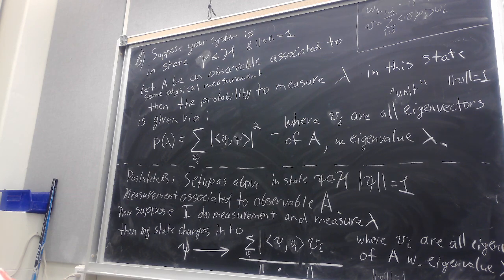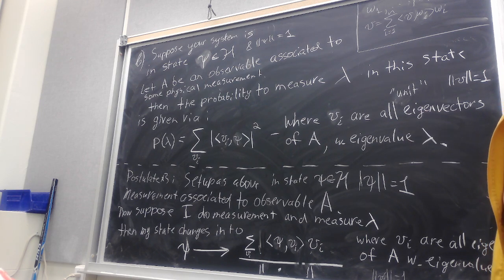So in fact, if my state psi was some linear combination of v1 up to vn, then the probability to measure eigenvalue lambda is just the sum of the squares of the coefficients in front of these guys. But this is if the Vi's are orthonormal eigenvectors with eigenvalue lambda of A.